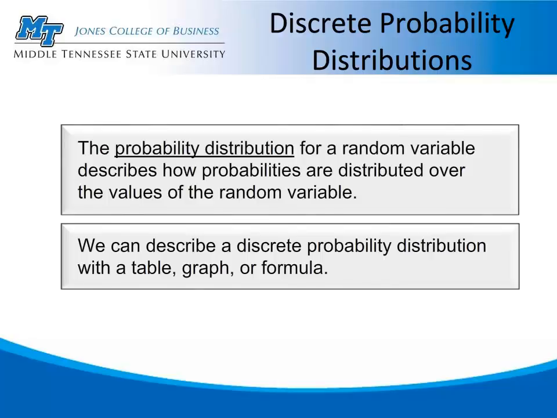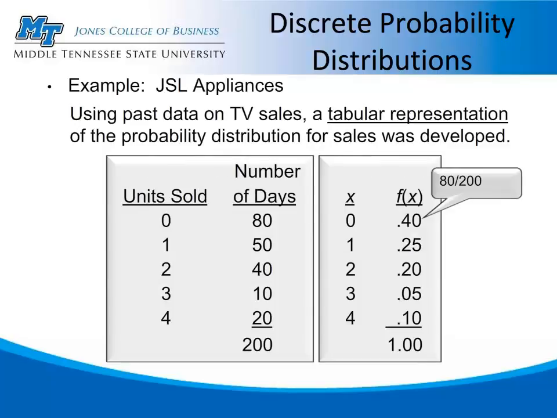The next slide shows the situation for the appliance store where there's a finite number and it shows it as a table, and then it follows that with a graph. The formula aspect of it we're going to cover when we get to the binomial, which would be the next presentation after this one.